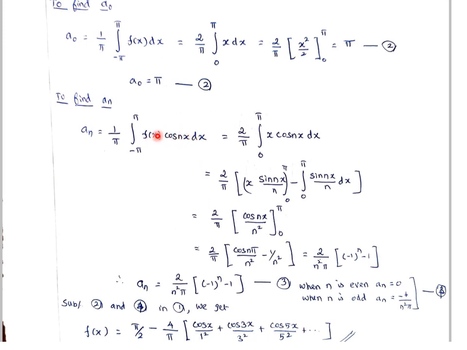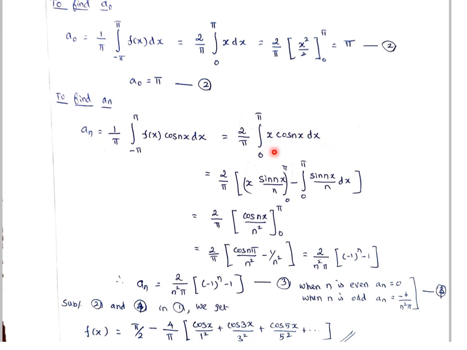Therefore, f of x cos nx, the whole integrand, is an even function. Thus, the integral minus pi to plus pi is written as 2 into integral 0 to pi. Therefore, that is equal to 2 divided by pi integral 0 to pi x cos nx dx.